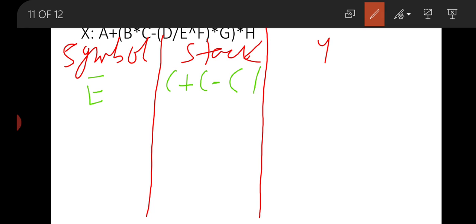Our expression will be ABC multiplied by D, and when we get an operand, we have to add it into the expression.